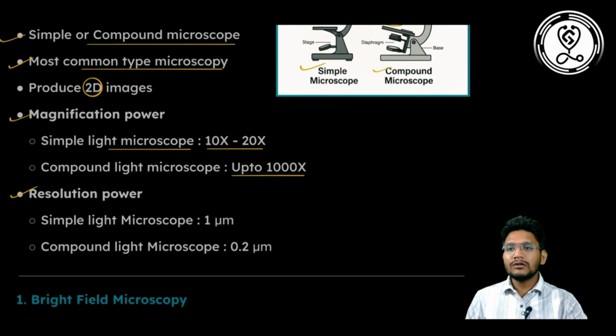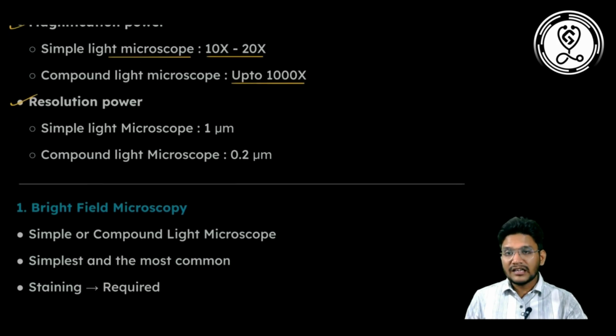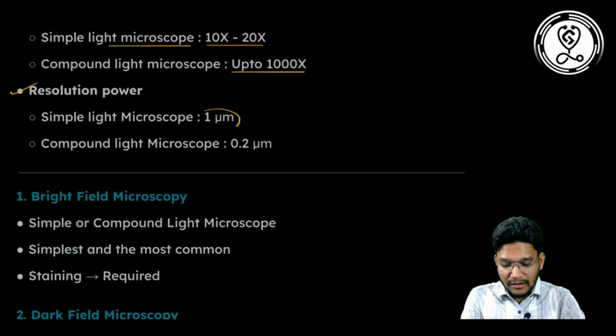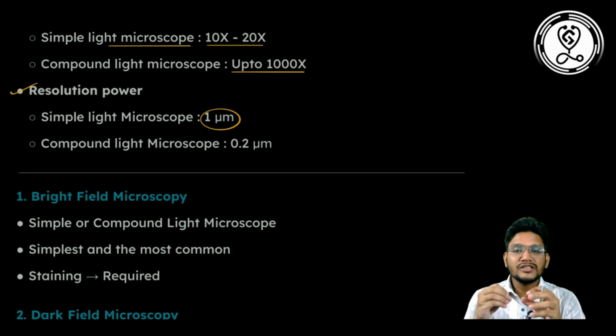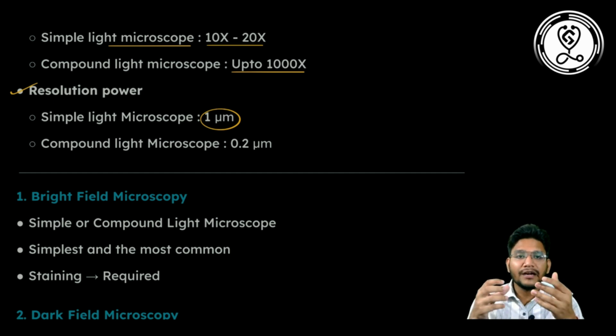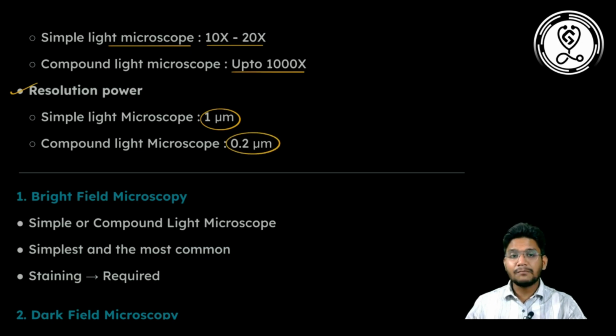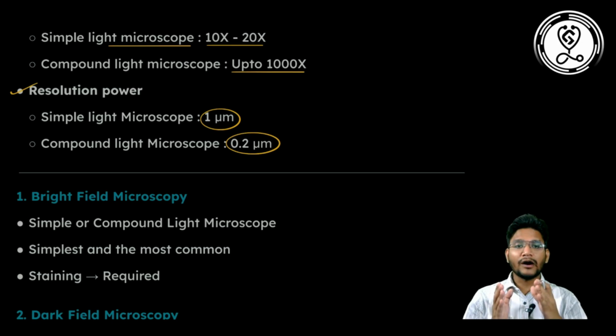If we talk about the resolution power, the resolution power of a simple light microscope is 1 micrometer, means it can differentiate between 2 points that are separated at a minimum distance of 1 micrometer. Okay. While the compound microscope has a resolution power of 0.2 micrometer, means this compound light microscope can separate 2 points that are separated at a distance of minimum 0.2 micrometer.